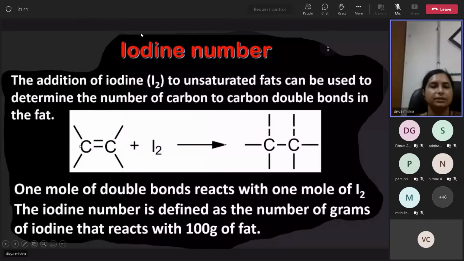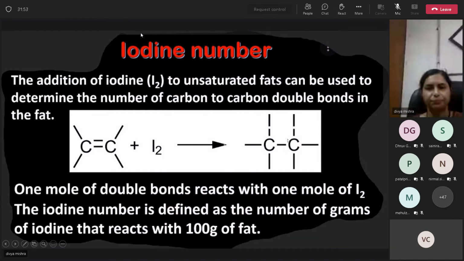In this figure on the screen, you can see this is your unsaturated fatty acid sample, and we are adding iodine to it. The halogenation takes place at the carbon which has the double bond.